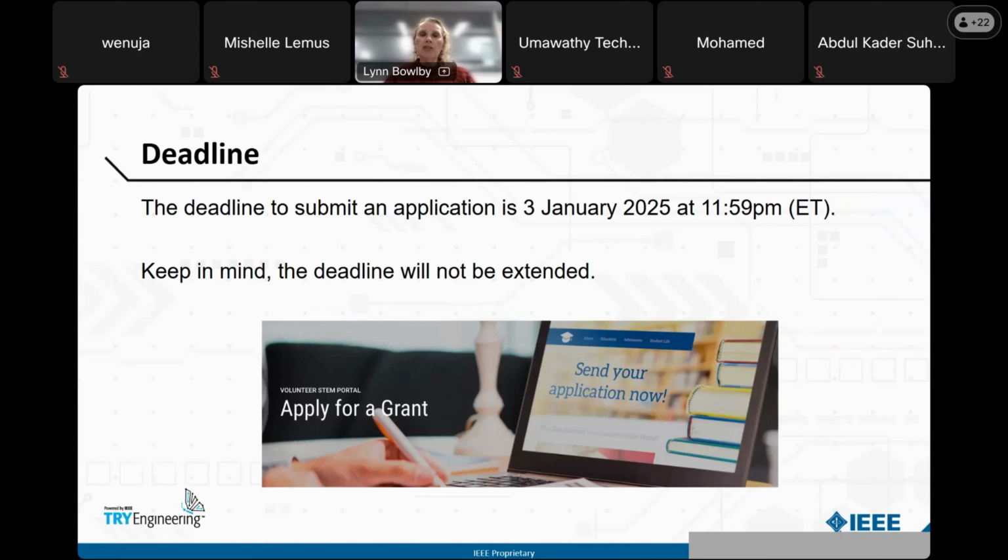And they'll be announced in early March. So you would be looking to get an email from us letting you know that you received a grant, and then also it will be posted on our TryEngineering.org webpage. So you would look for those emails coming out in early March.